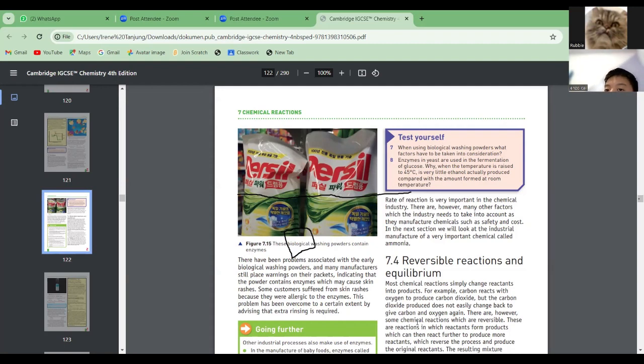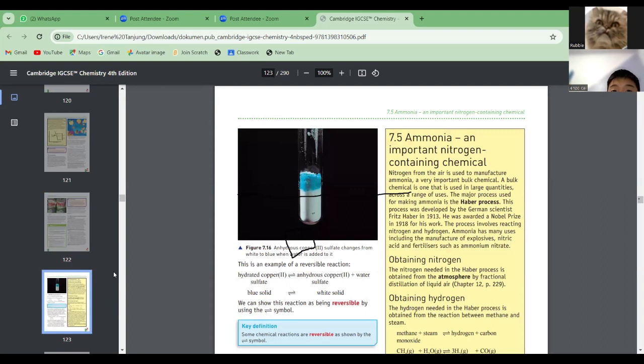However, some chemical reactions are reversible. These are reactions in which reactants form products which can then react further to produce more reactants, which reverses the process and produces the original reactants. So it's like you reverse it.